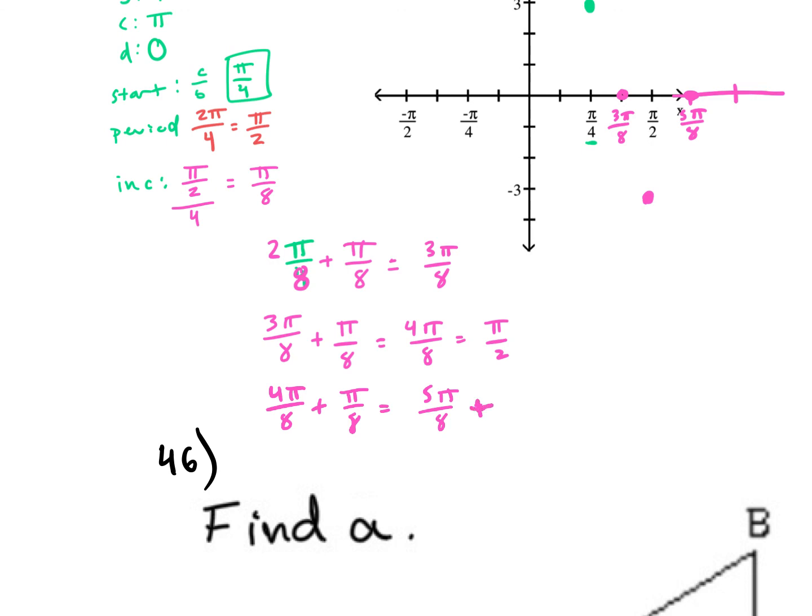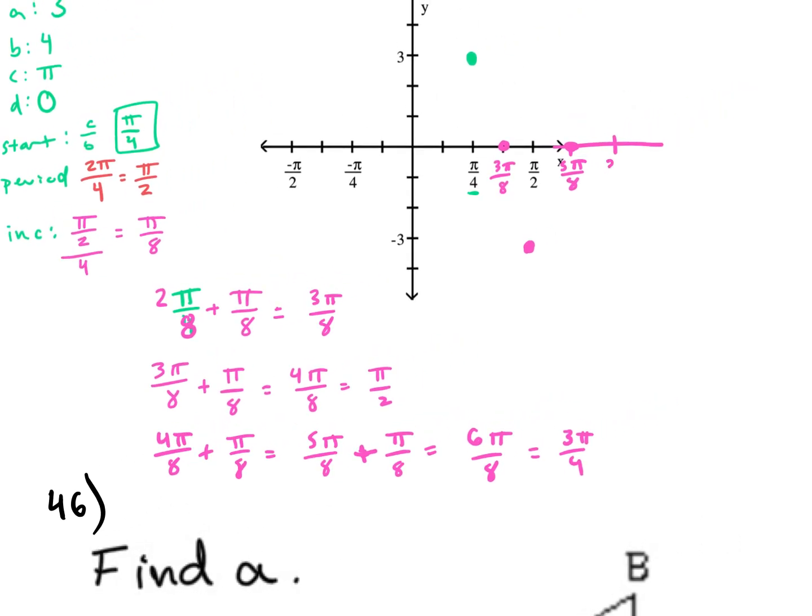And then 5 pi over 8 plus pi over 8 would be 6 pi over 8. So this would be 3 pi over 4. This would end up back up top. So we have our starting point and 4 points after that. So that's all we need for one period. And we can just graph there.